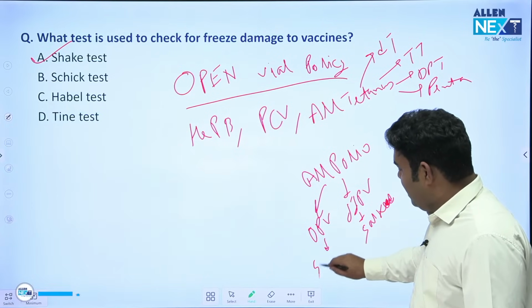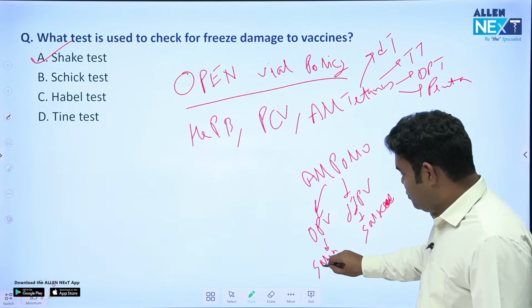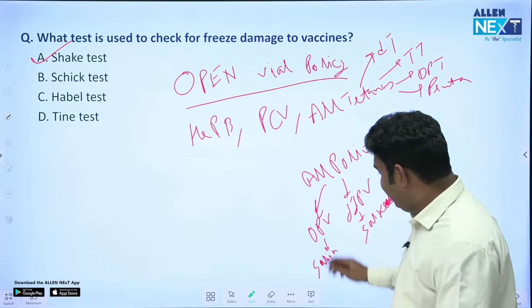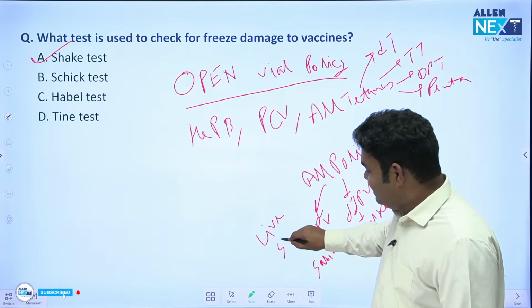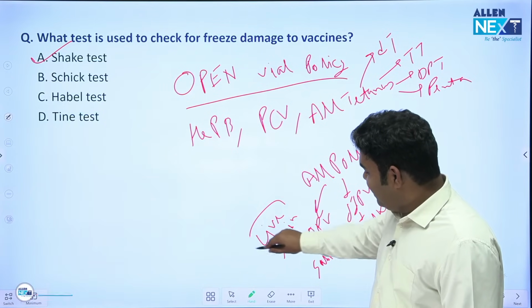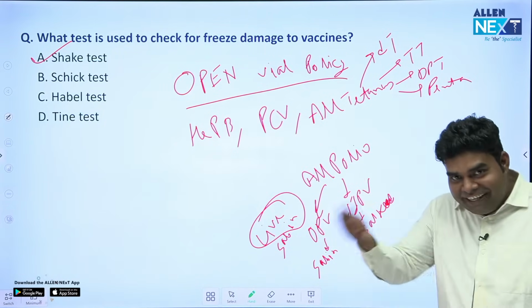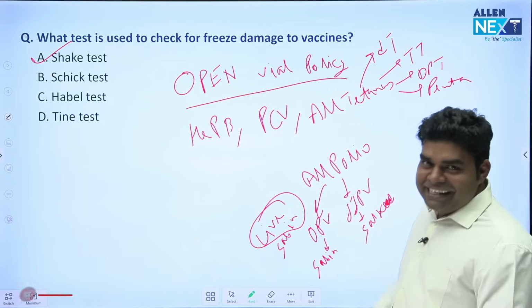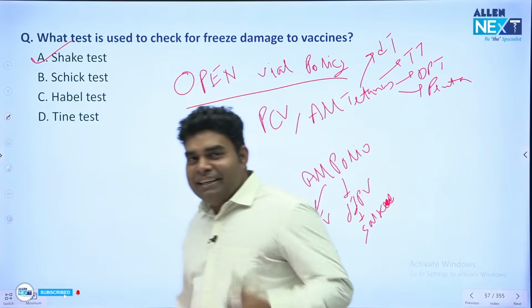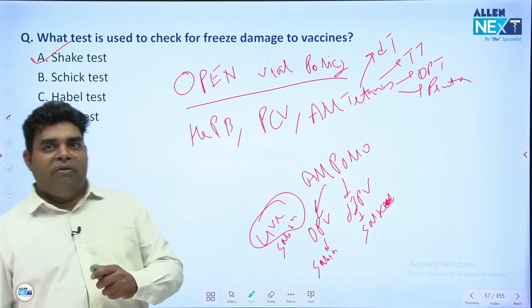And OPV is Sabin. And there was a student, Pragya. She gave me this mnemonic. OPV is live. So it is Sabin because it is live-in relationship. And Pragya was in live-in relationship in that class. So I remembered that. So live is Sabin, killed is Salk. Remember, these vaccines follow open vial policy.